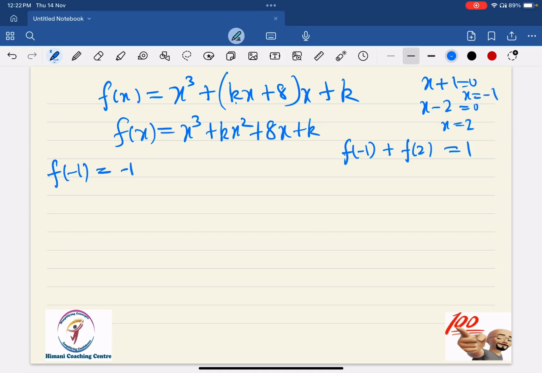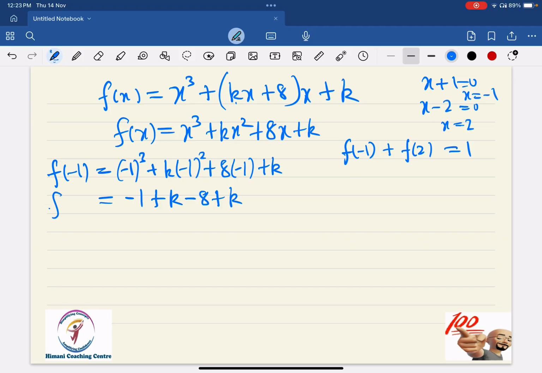So we have minus 1 cube plus k times minus 1 square plus 8 times minus 1 plus k. So minus 1 cube is a minus 1. Here it is just k and minus 8 plus k.